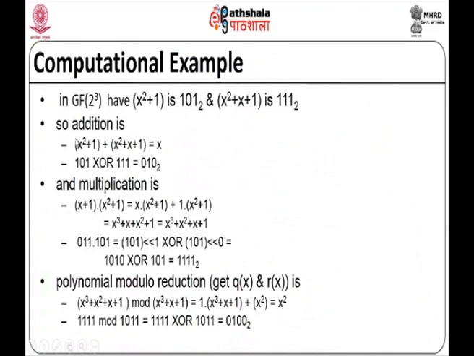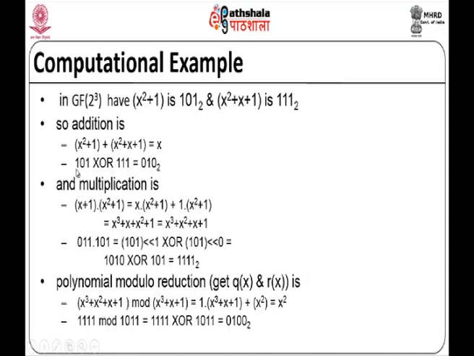So we say here, addition: x square plus 1 plus x square plus x plus 1 is equal to x, right. How are we getting x? We can take 101 XOR 111. When both the inputs are the same, we will get 0 as the output.